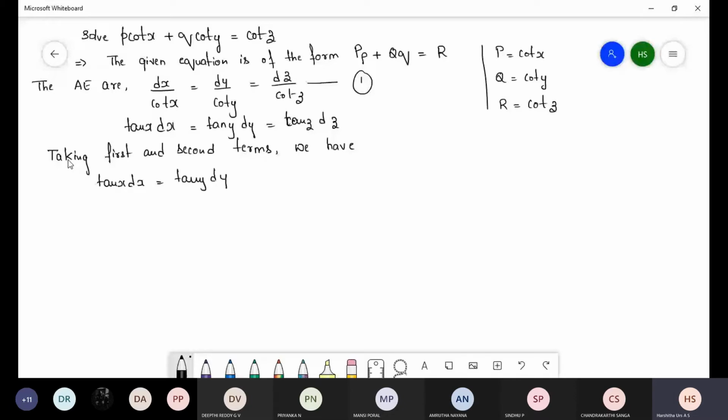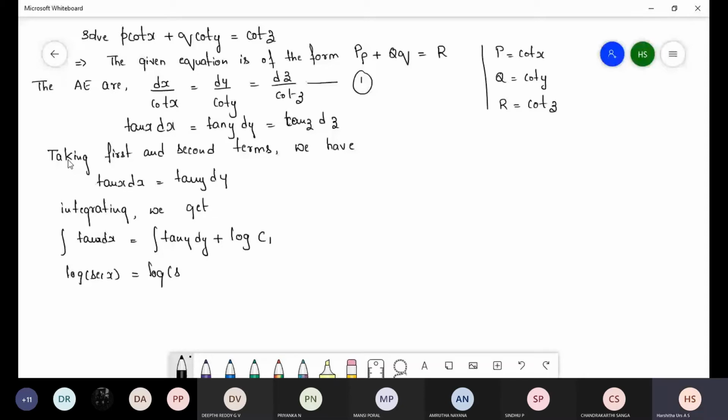Integrating, we get integration of tan x into dx is equal to integration of tan y into dy plus log of C1, constant term. Integration of tan x is log of secant x, that is equal to integration of tan y, which is log of secant y, plus log C1.